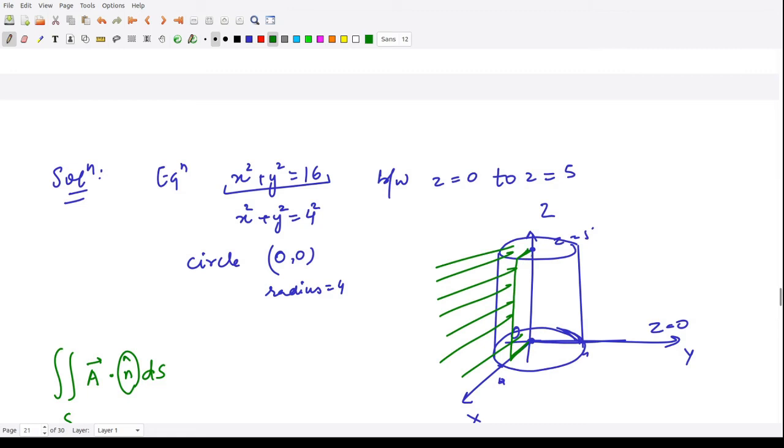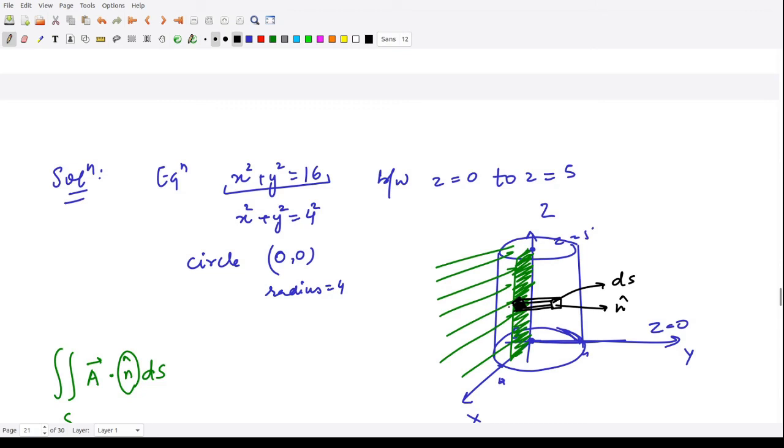Suppose this is some portion on this cylinder of having dS magnitude and the unit vector n is perpendicular here. So when you take the projection of this part onto the plane, it would be like this. So this would be the projection.